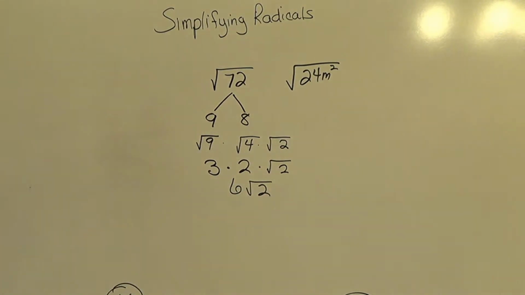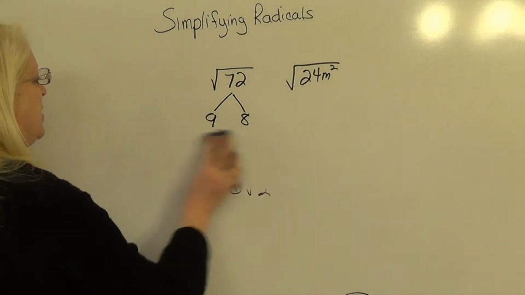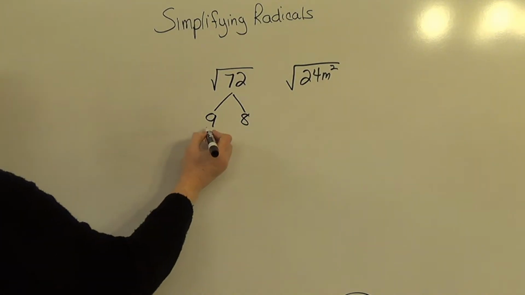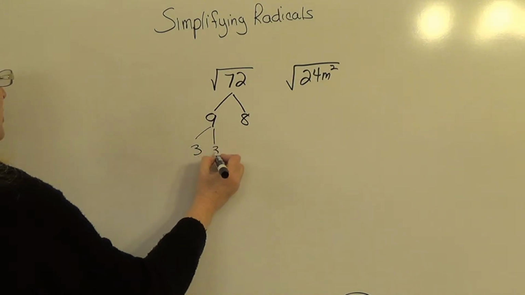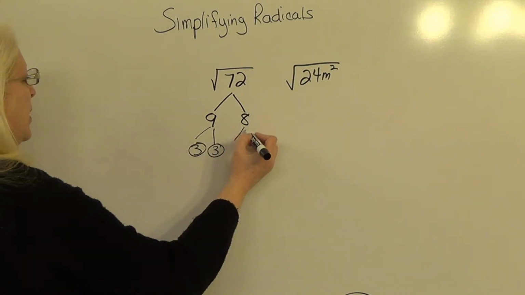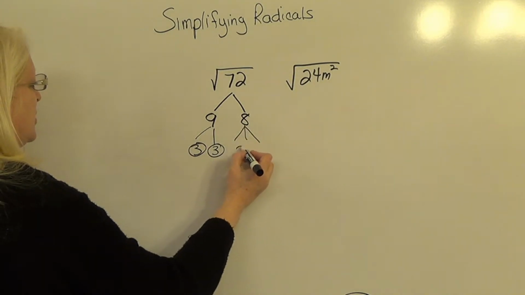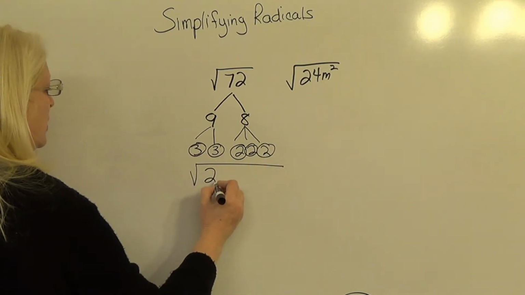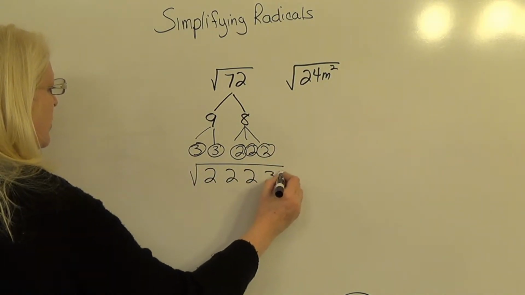Now let's take a look at it that first way that I was talking about, where you do a factor tree. I think these are fun, and it'll help us understand the next problem too. So if you factor 9 into its primes, you get 3 times 3. I like to circle them when they're prime. And 8 factors into 2 times 2 times 2. Alright, so we're going to put all of those under a radical sign in numerical order.